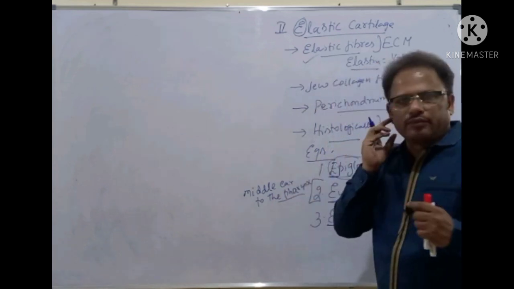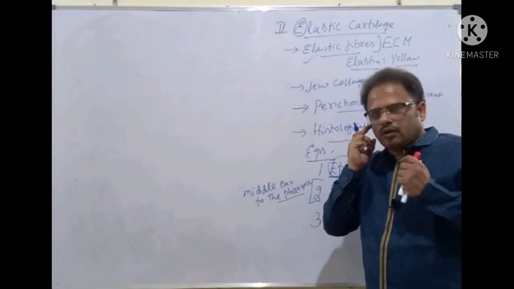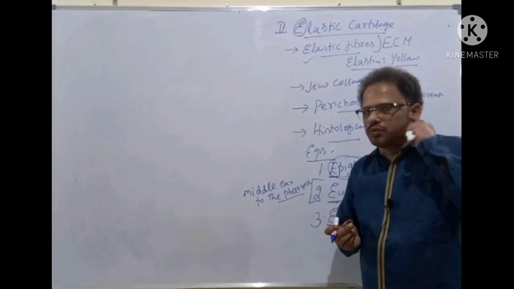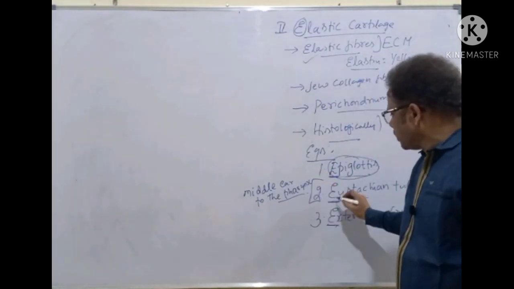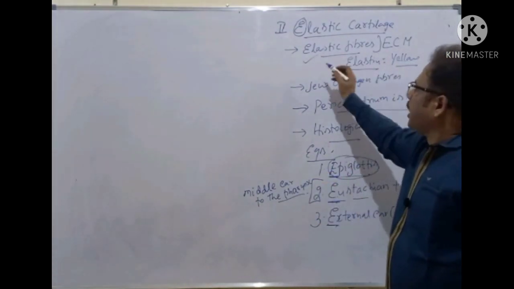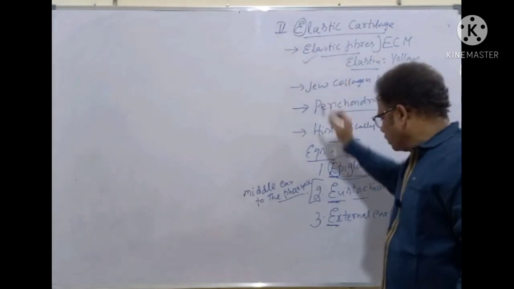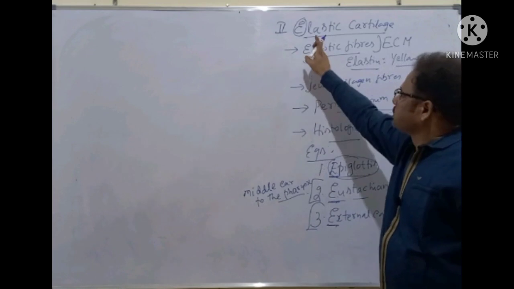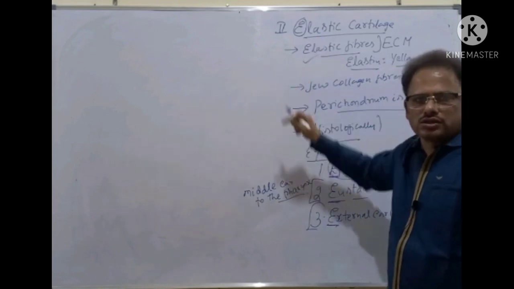So two tubes are there because two middle ears are there. One tube from the middle ear of this side to the pharynx, other tube here. So two tubes are there, that is called as eustachian tubes. And they are also made of the elastic cartilage. Next one is external ear called as pinna, is also made of the elastic cartilage. These are the examples of the elastic cartilage.